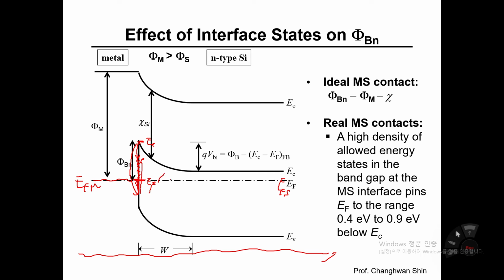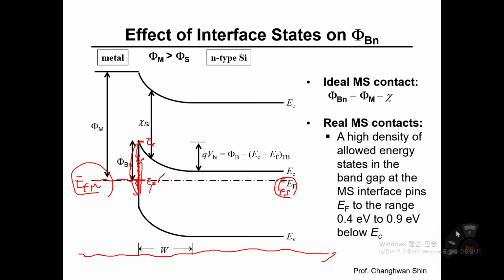When we learned the ideal MS contact theory, the EFM and EFS difference was determined by the work function difference, right? The energy difference between the Fermi energy level and the vacuum energy level has been defined as the work function.